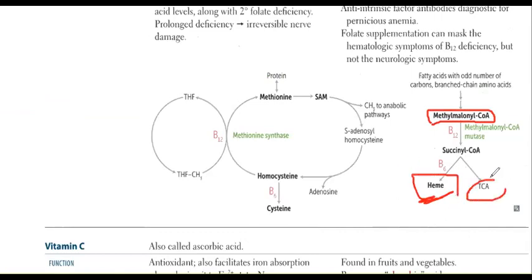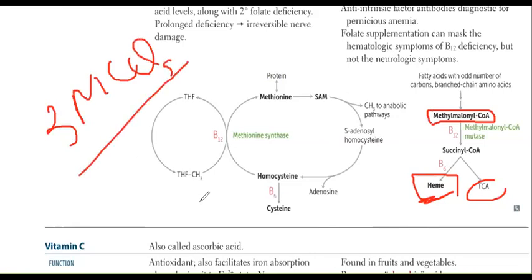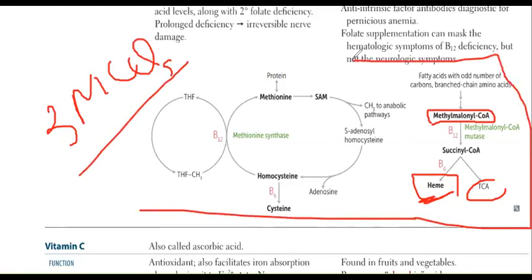I explained this picture in much detail, so you have to go back and check that lecture for vitamin B12 if you want to understand. There are 3 MCQs that have been asked from these 2 pictures only. So these pictures are very important. Go to my previous lecture and check the MCQs.